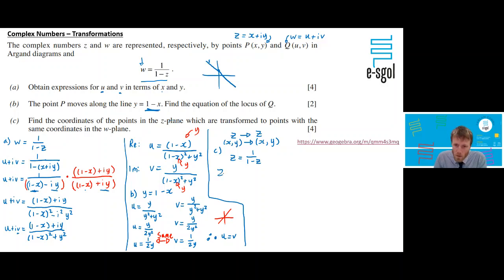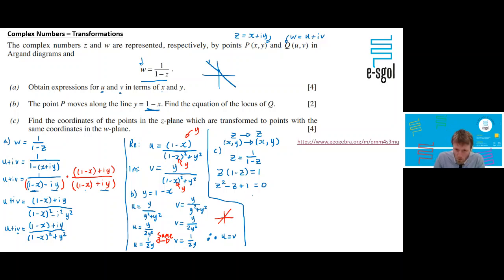If we rearrange this, we get Z times 1 minus Z equals 1. If we expand the brackets and make the quadratic positive, we get Z squared minus Z plus 1 equals 0.